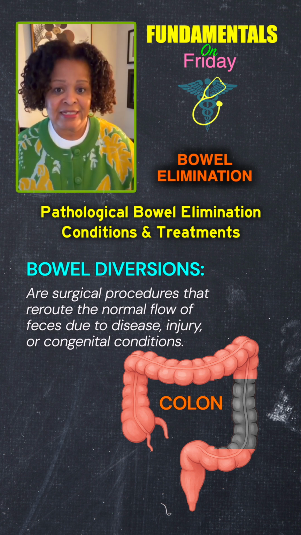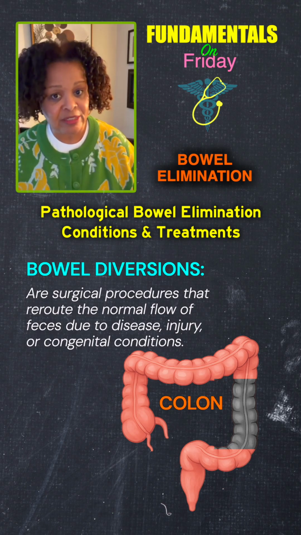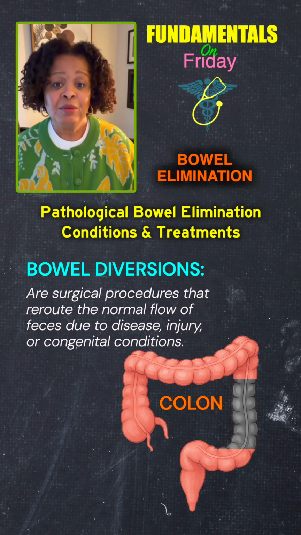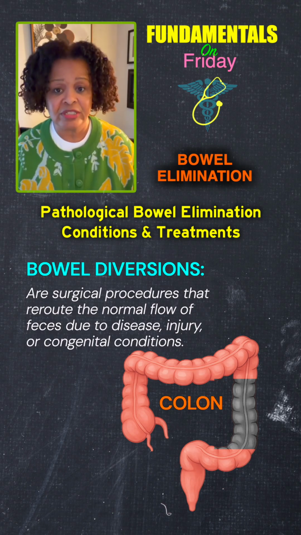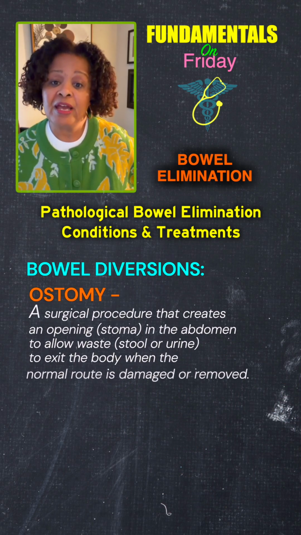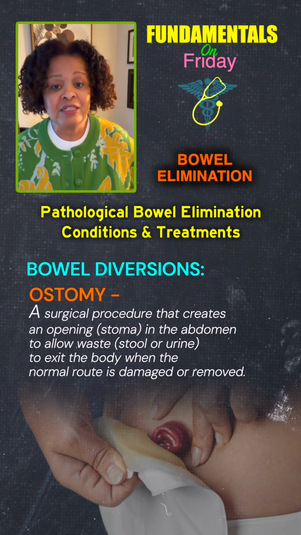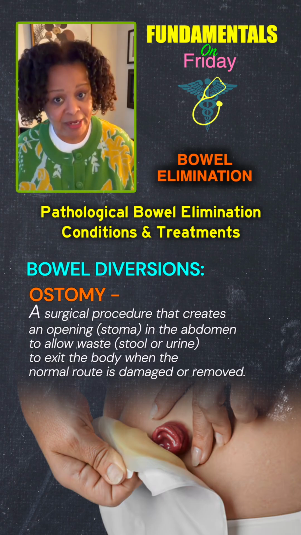Frequently, that anastomosis just leaves the person with a shortened colon and they can still poop out of their rectum. But sometimes they're unable to do that because such a large portion of the diseased colon had to be removed, and that person would have what's called an ostomy. An ostomy is an opening on the abdomen where the stool will actually come out.